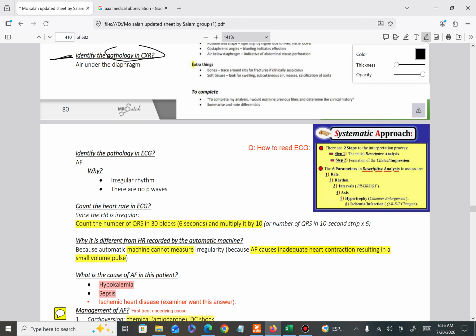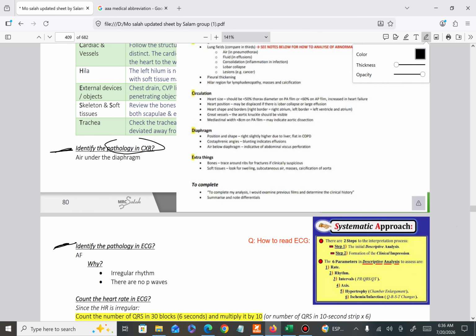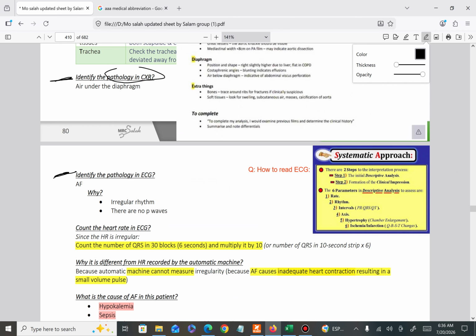Now, identify the pathology in the ECG. We have already seen that there is absent P wave and the rhythm is irregular. So it is atrial fibrillation, because of irregular rhythm and no P waves.